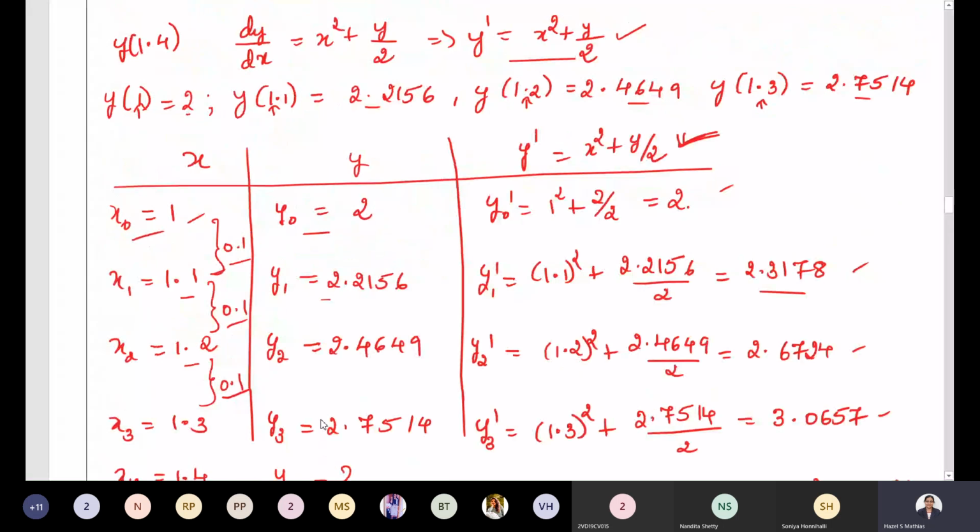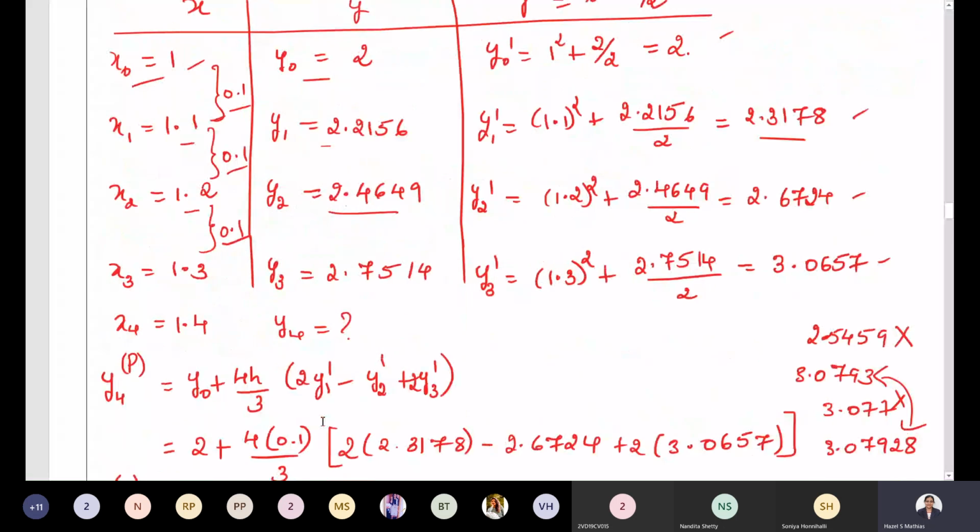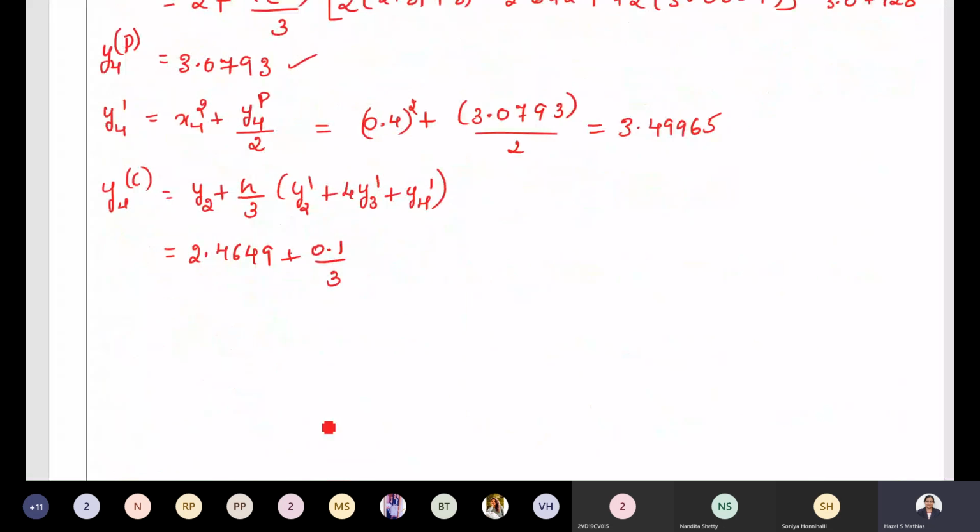2.4649 plus h value is 0.1 divided by 3 into y2 dash. All these things we have calculated in the table. What is y2 dash? 2.6724.